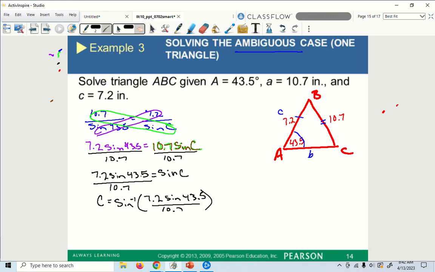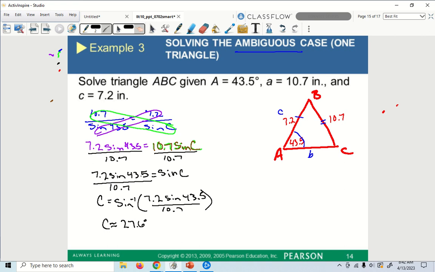I know you didn't just try to pull up your cell phone to do your math, right? Because no one does that. Degrees. Okay, make sure it's degrees. All right, what do we get? Big C is what? 27.6. So 27.6 degrees. Okay.